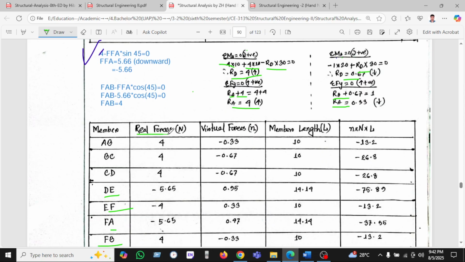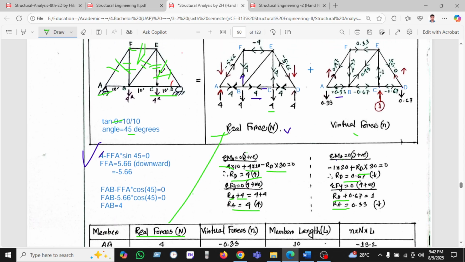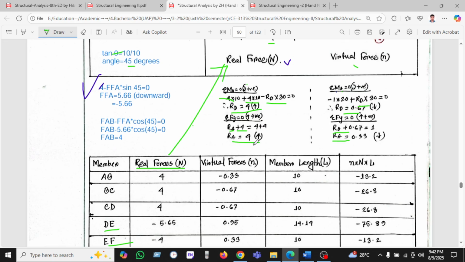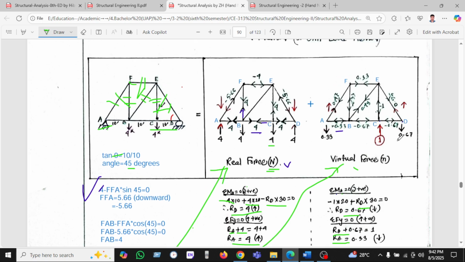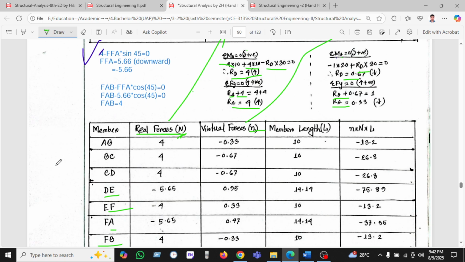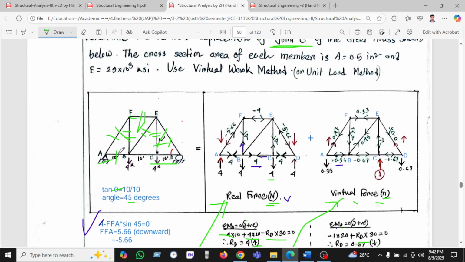So we can see the real force, that means this diagram, and the virtual force, that means this diagram. We can denote the real force as capital N and the virtual force as small n. In this case FAB, as we know, this is AB, the first member.